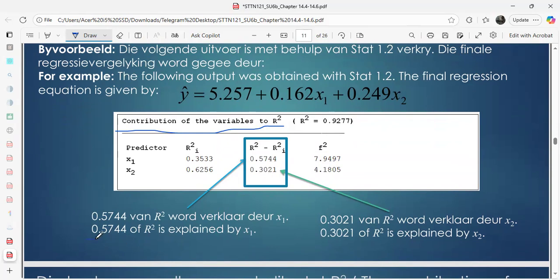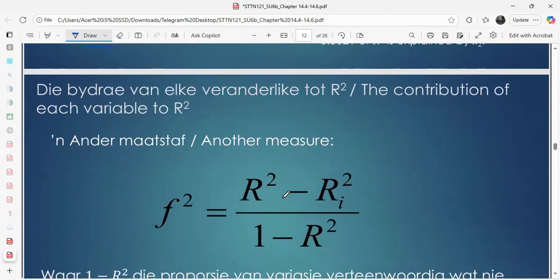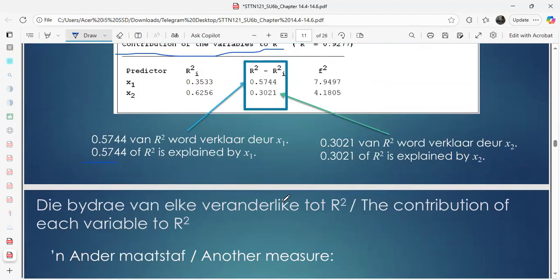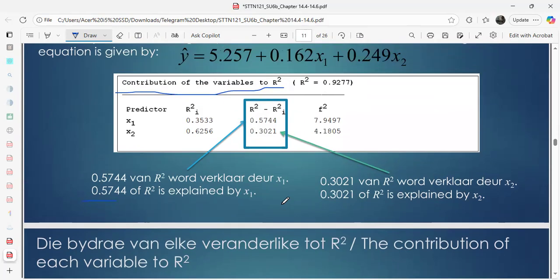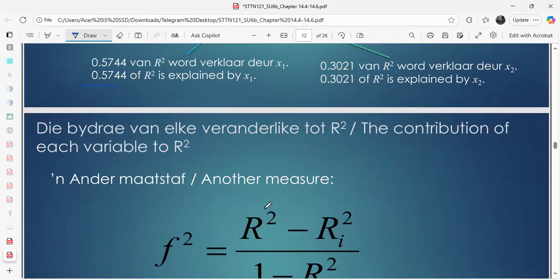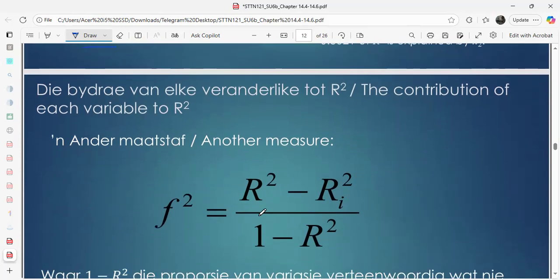Obviously, it will be 0.5744, and this other one doesn't contribute the most. So that's how you see the contribution to R squared.